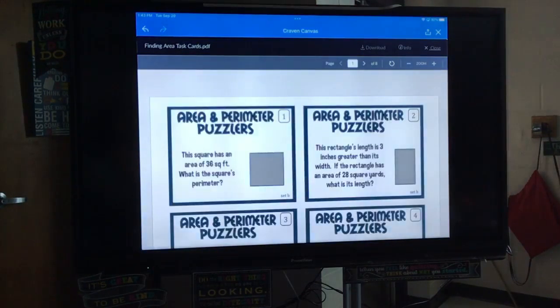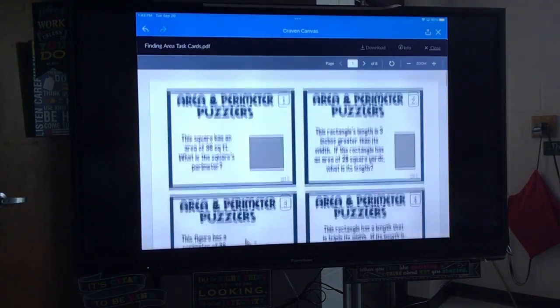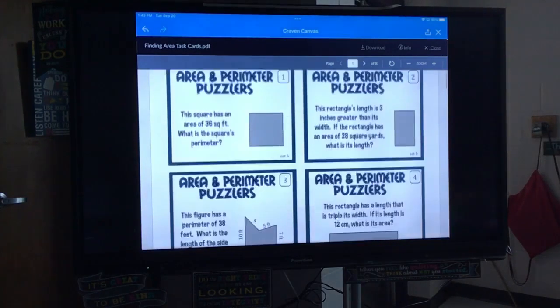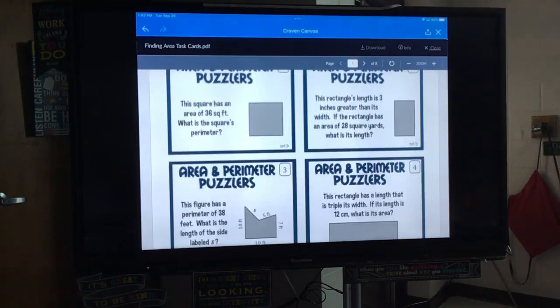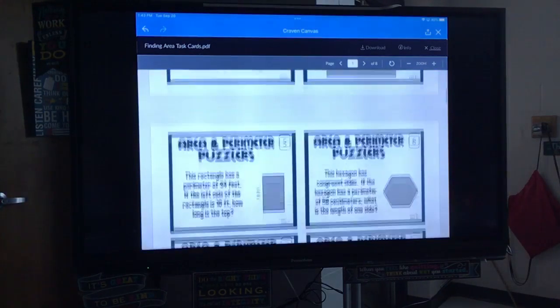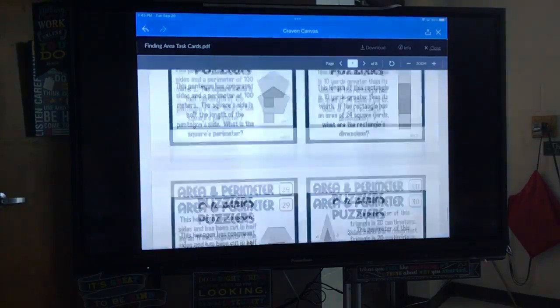There are opportunities, and we'll be doing this as we're reviewing this year, where you will be able to write on your screen and it will save. This will come in handy when we review for certain unit tests where we're annotating and all of that. But here are your area and perimeter questions.